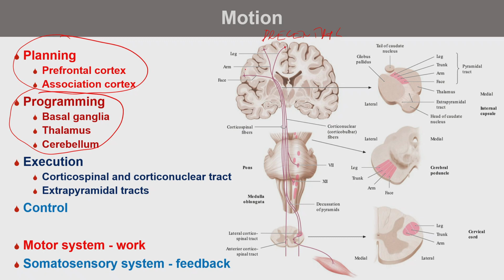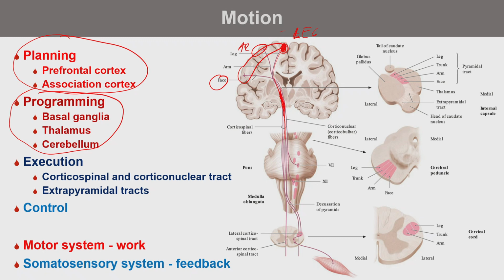Then we have the gyrus, and we know that here the face is down, and then the arm is in the middle, and on the top and medial part is the leg. So the execution of the motion has a way with the band of white matter.